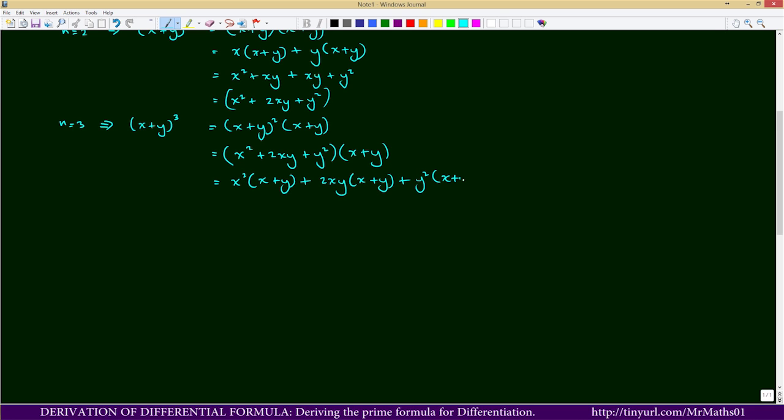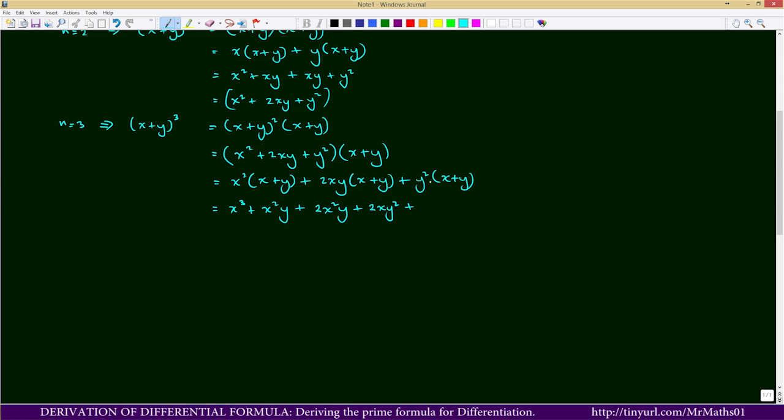times x plus y. Now we get x squared times x is x cubed, plus x squared y. The second one, 2xy times x, is 2x squared y. Then 2xy times y, we have 2xy squared.